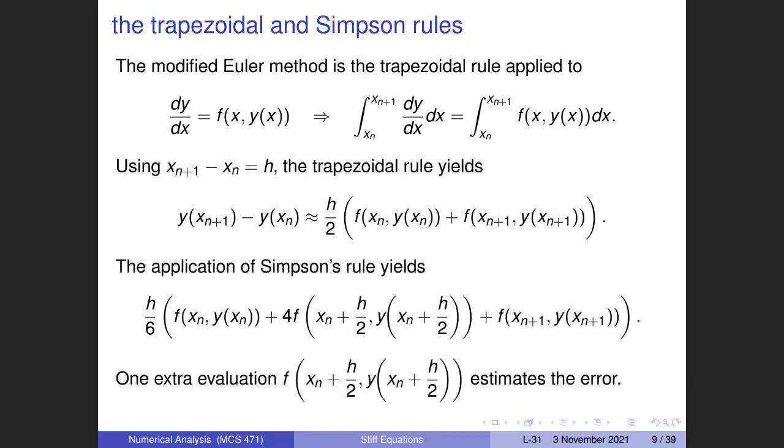Note that the h here is the size of the interval. We have the function values at the beginning and at the end, and then one extra function evaluation in the middle. And the point is that that one extra function evaluation estimates the error.